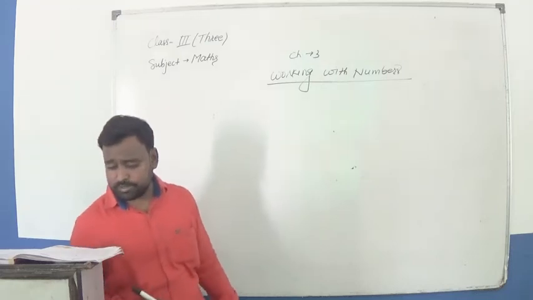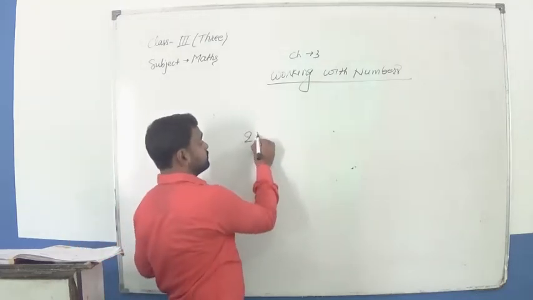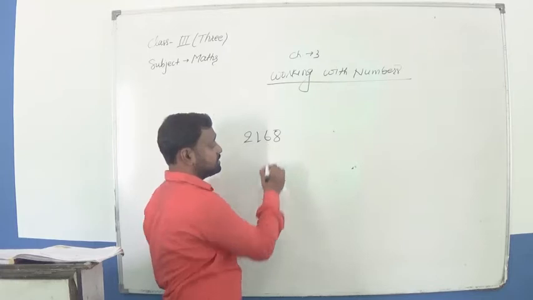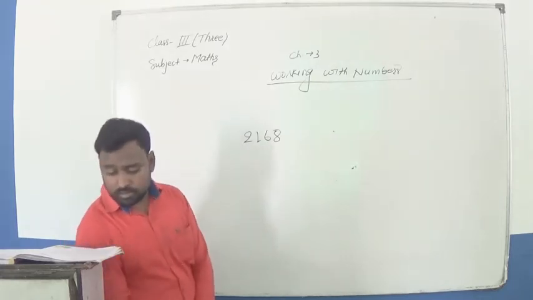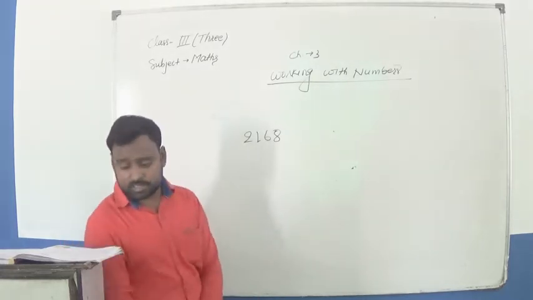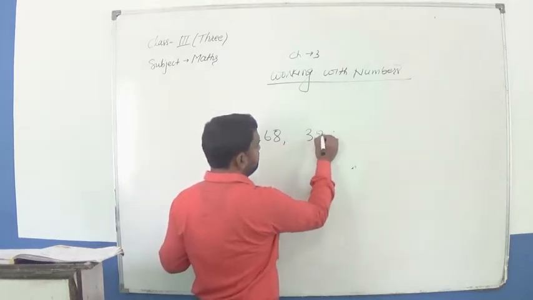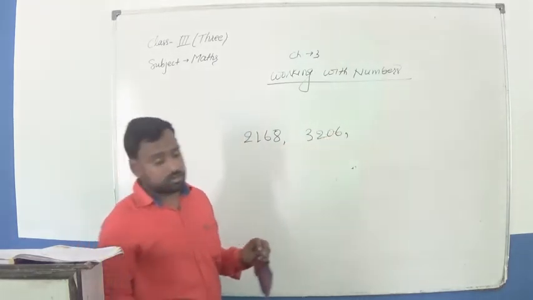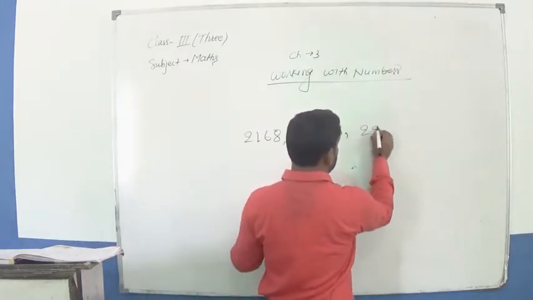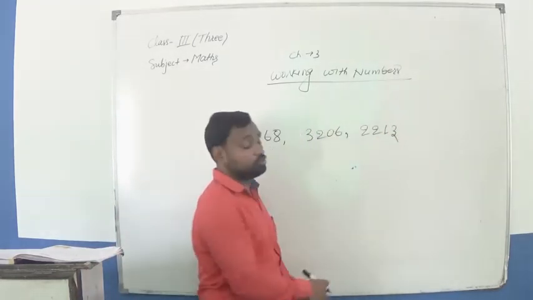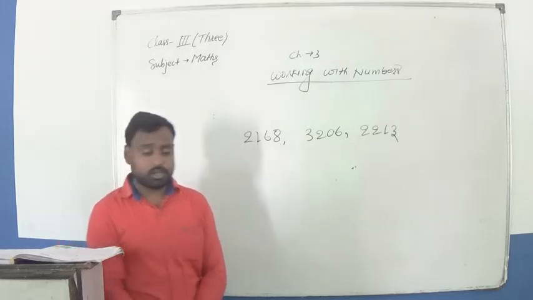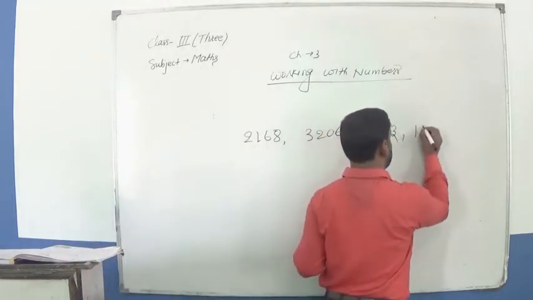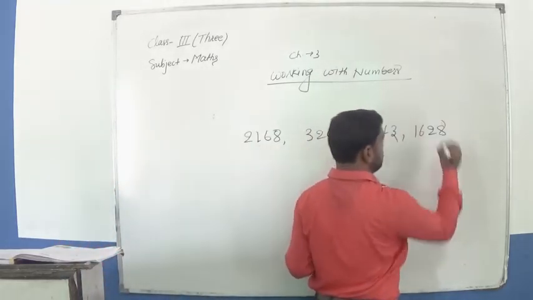Suppose you are given 4 numbers: 2168, 3206, 2213 and 1628.